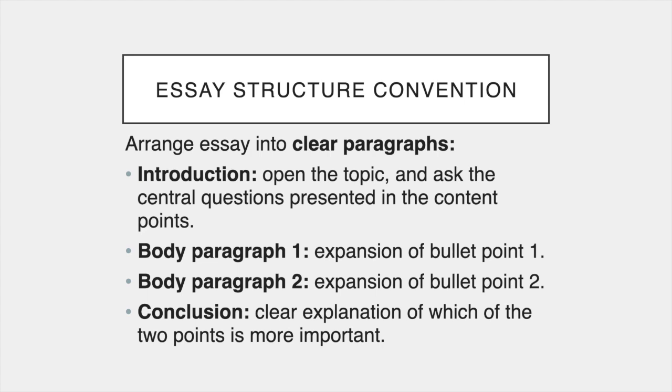This is an expansion of the first bullet point that you have decided to write about. Body paragraph 2. This is an expansion of the second bullet point that you have decided to expand on. Conclusion. This is a clear explanation of which of the 2 points is more important, better, etc.